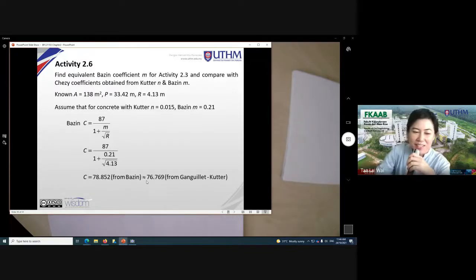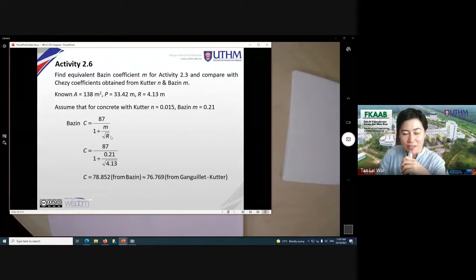Okay, just now we looked at the Ganguillet-Kutter equation. We said Ganguillet-Kutter is influenced by slope, by Manning's N or Kutter's N, and by hydraulic radius. Whereas Bazin is influenced by M, the Bazin coefficient, and also hydraulic radius. There's no slope effect.